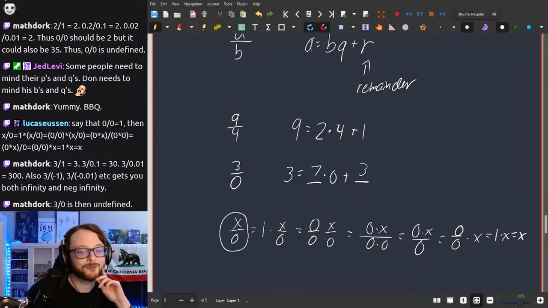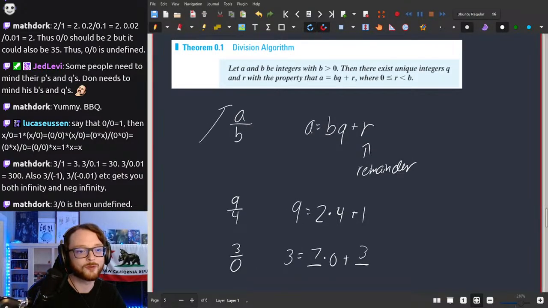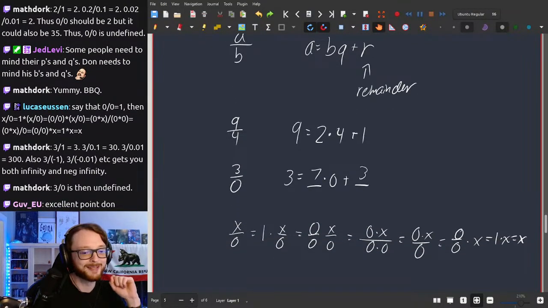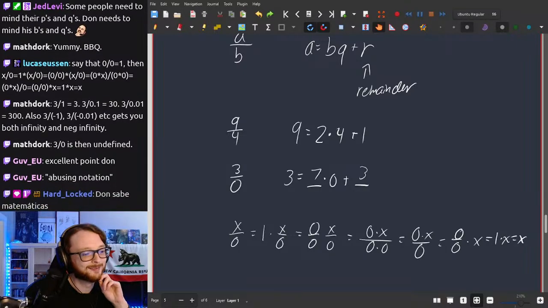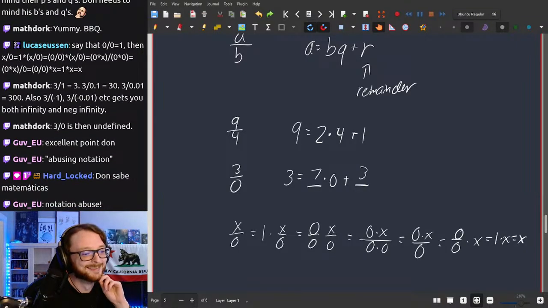It's meaningless unless you say what it actually means, which is this stuff up here. You're building a castle on sand, basically. You need to define the fundamental thing first, of what division is. Don knows math. Notation abuse.